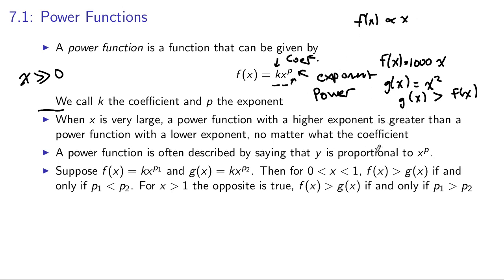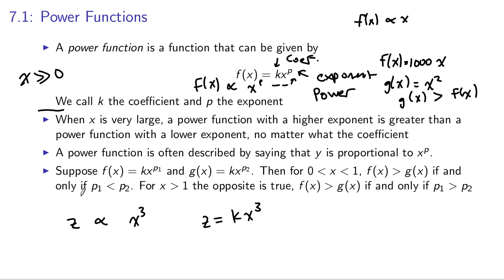So we describe any power function as proportional to. That means we're leaving out the k. So we could say f of x is proportional to x to the p. For instance, if I said z is proportional to the cube of x, then we could write that z equals k, some k we don't know, times x cubed.